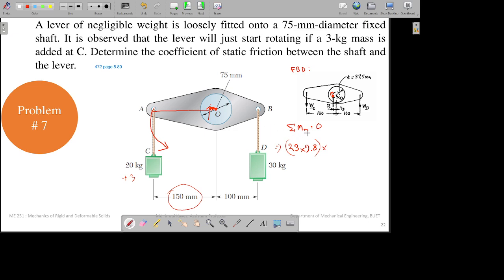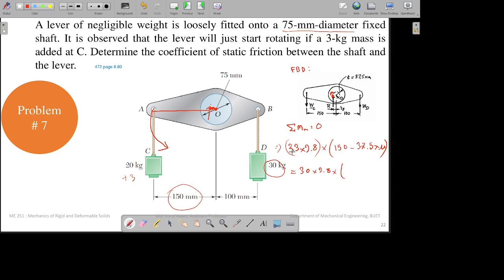So 150 minus the radius, this is the diameter, so the radius will be 75 divided by 2, 37.5, multiplied by mu, equal to 30 kg, so the force will be 30 into 9.8 into the distance.